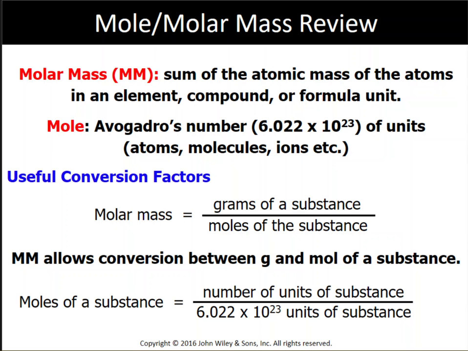So two ways to convert to moles, and having moles is going to be essential for our calculations. So if the mass of a substance is given to you, you use the molar mass to convert that to moles, and if the number of atoms, molecules, ions are given to you, you use Avogadro's number to convert those to moles.